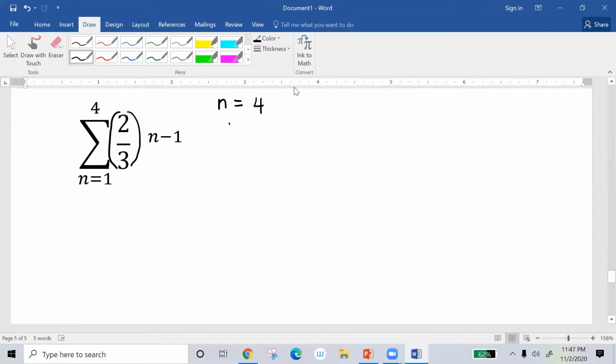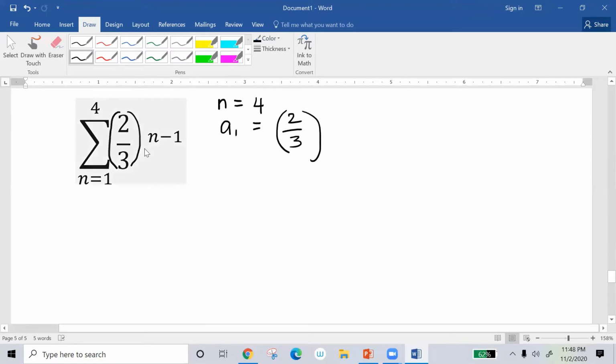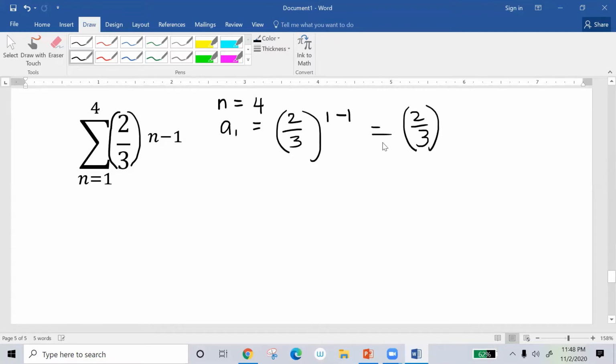Okay. Now a sub 1 again is 2 over 3 raised to, what is our n? Since we need to find the first value, we will plug in 1 for n. So 1 minus 1. So 2 over 3 raised to, what is 1 minus 1? 0. And 2 over 3 raised to 0 is equal to 1.